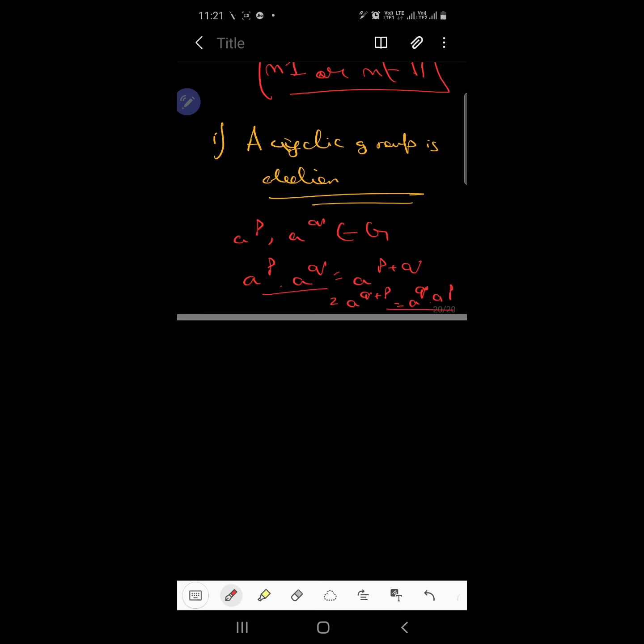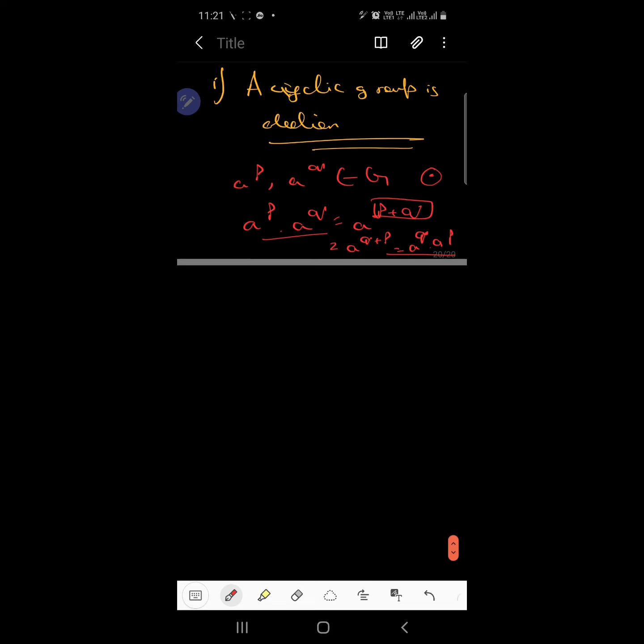Thus the group is commutative under the binary operation multiplication, or the binary operation dot under multiplicative notation. Therefore, we can find that it is commutative in nature, the reason being that the addition operation is commutative. Got it? One more thing: the inverse of a generator of a cyclic group is also its generator.